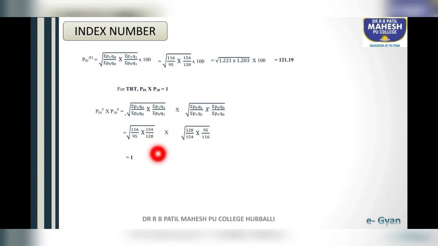Square and root get cancelled, so what remains? 1. So this means P01 into P10 is 1. So Fisher's index number satisfies TRT.